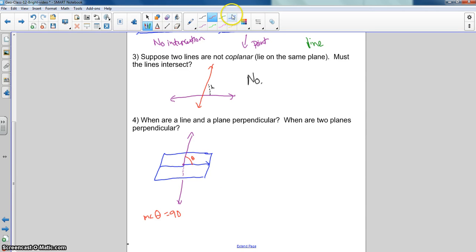And then in the case of two planes, same idea. This one gets to be a little challenging to draw. If I have a plane like this, I'm going to draw another plane that goes through it at sort of an angle.